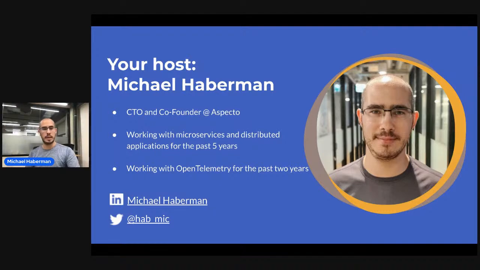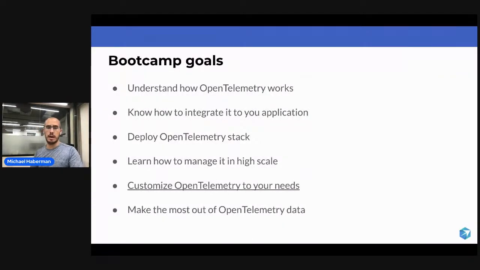Our bootcamp has 6 different episodes, and today we're going to focus on how to customize OpenTelemetry to your needs. The first 4 episodes were about getting started with OpenTelemetry, then how to integrate it, then talking about production and high scale. Usually when you start to actually work with OpenTelemetry, after you deploy it to production, you start to understand that maybe your traces are lacking some data.